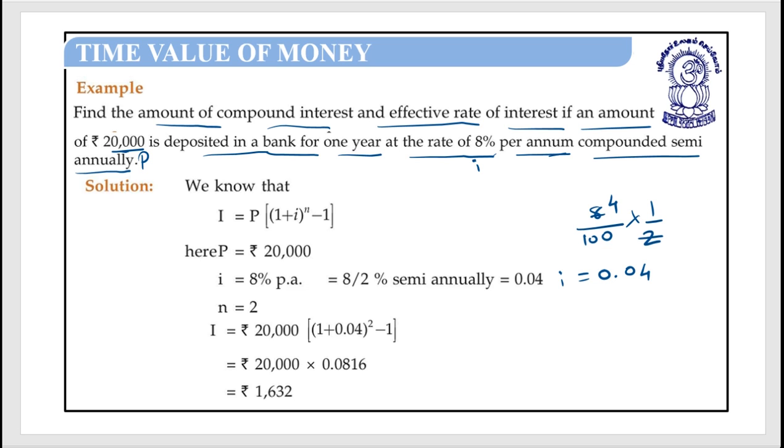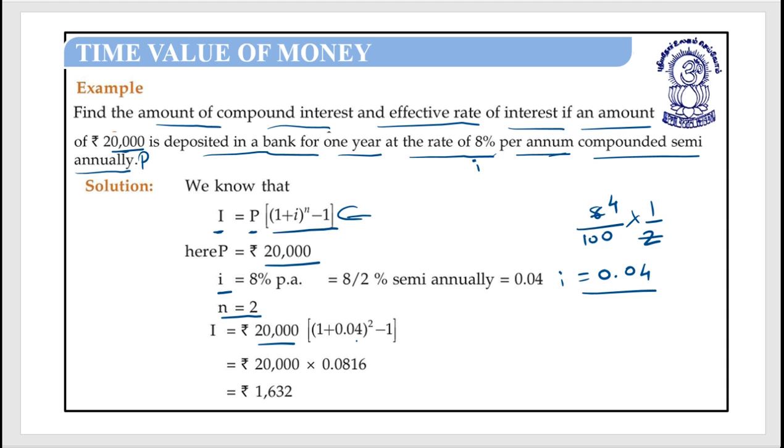So the interest formula is P in the bracket (1 plus I) raised to n minus 1. P is given 20,000, I is equal to 0.04, n is equal to 2. Put the values in this formula: 20,000 into (1 plus 0.04) raised to 2 minus 1.